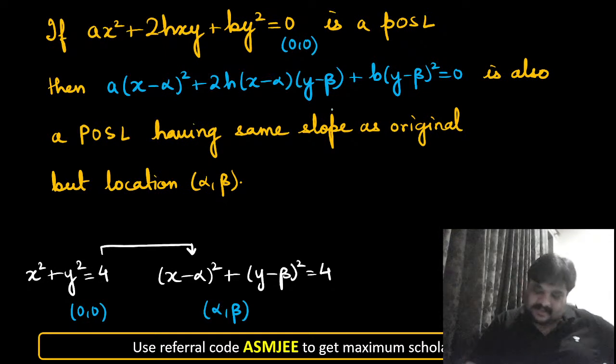If you expand this one, you will find the coefficient of x square matches. See, ax square matches with ax square. Coefficient of y square also matches by square. And the coefficient of xy also matches 2hxy. And it should match.